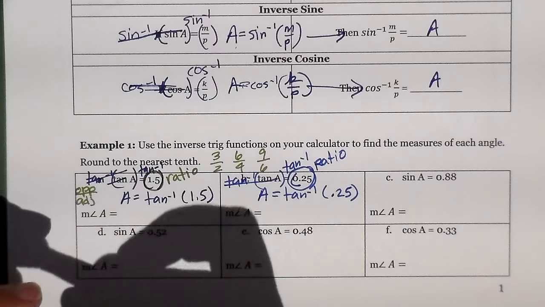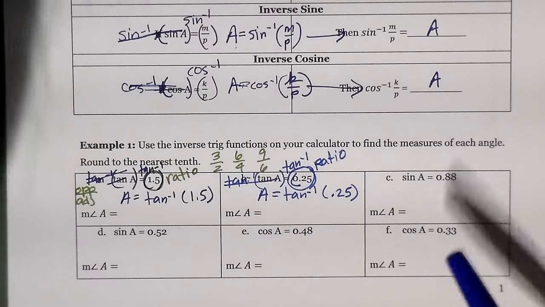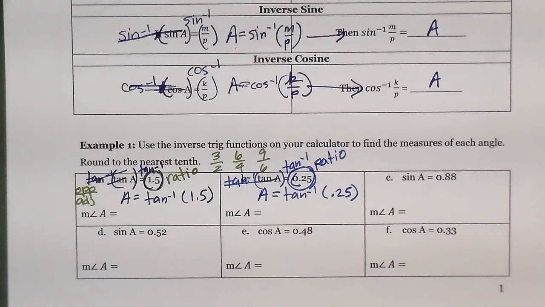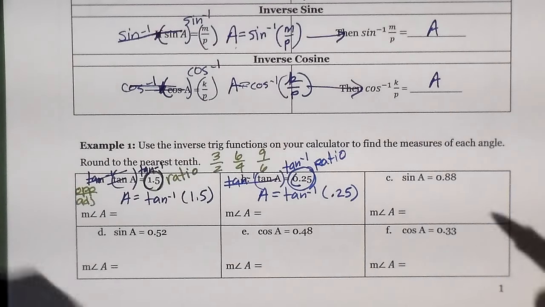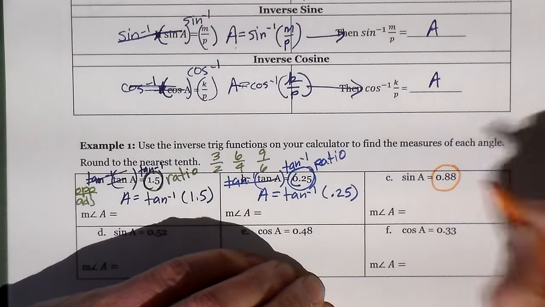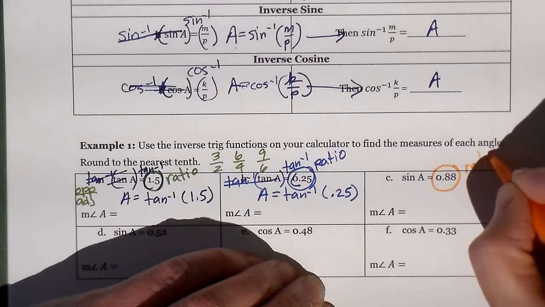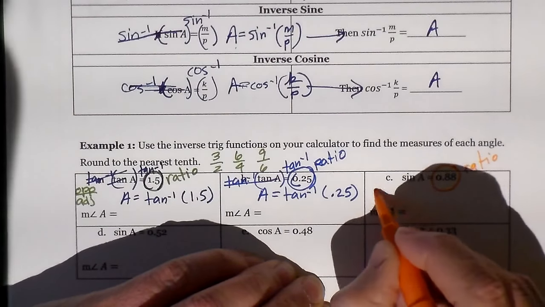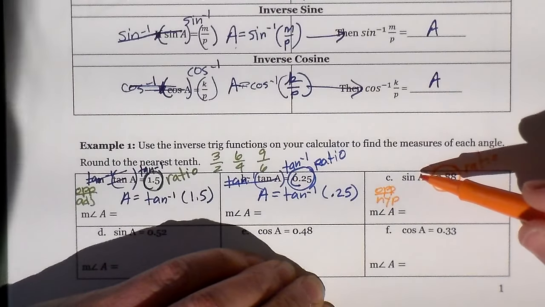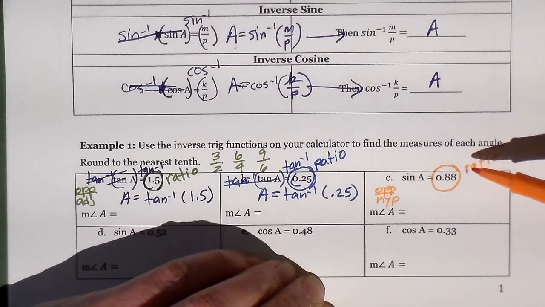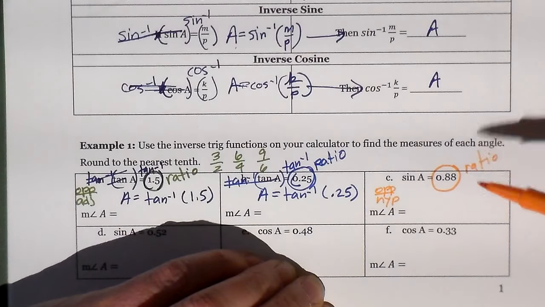Okay, so the first two we've done are tangent. Now let's look at the next one, which is sine. You are going to do the same exact thing, but you're going to be using sine now. What's sine? Sine is opposite over hypotenuse. So this is saying that the opposite over hypotenuse ratio for this angle is 0.88.